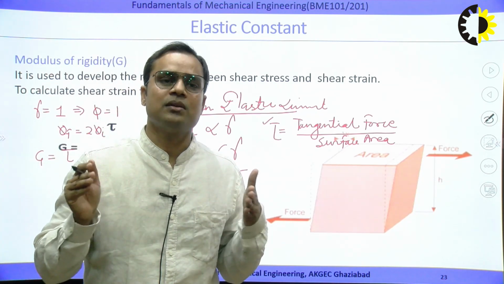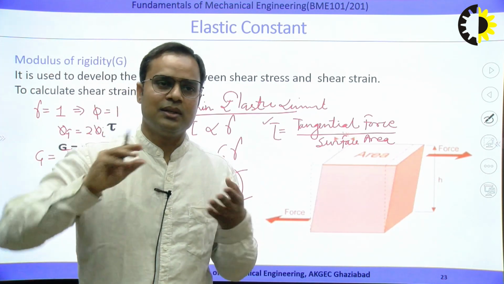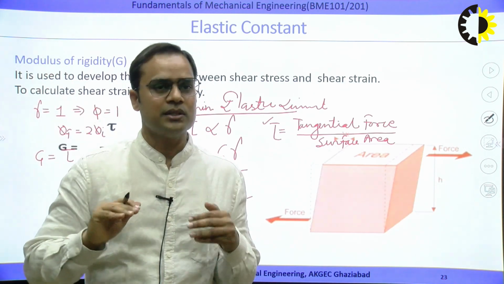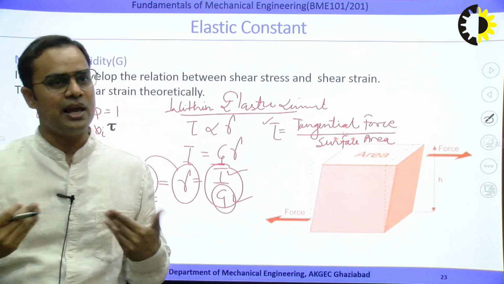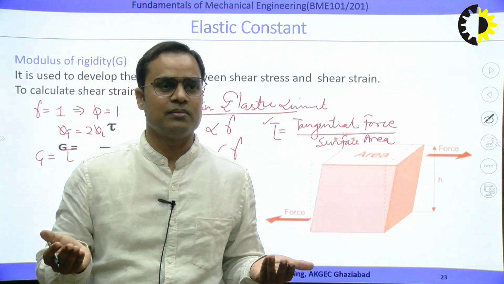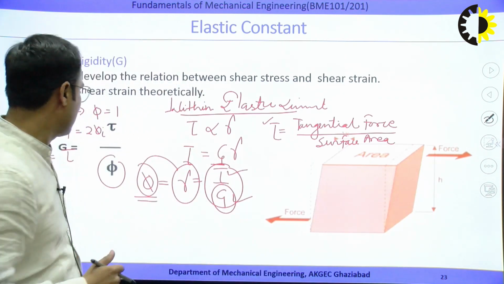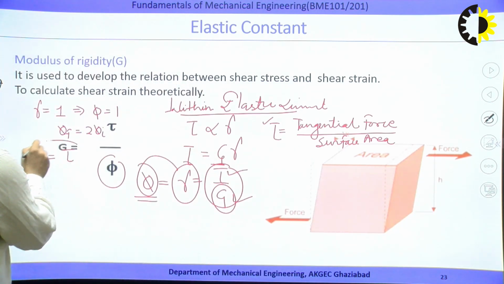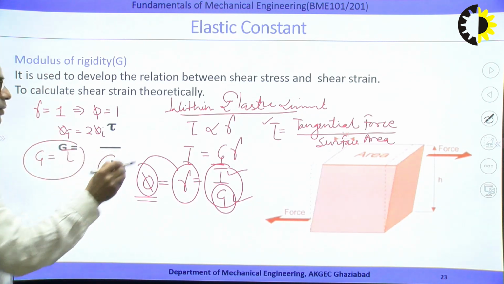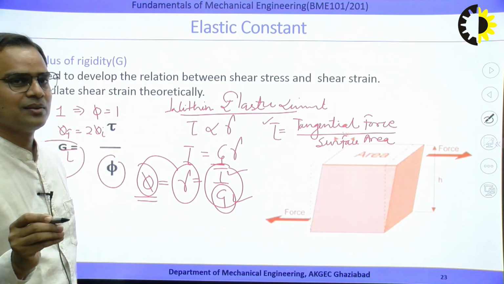After the application of the tangential load, the final angular deformation is just double the initial angular deformation. When this happens, what is the meaning of that? It means modulus of rigidity is equal to the shear stress.